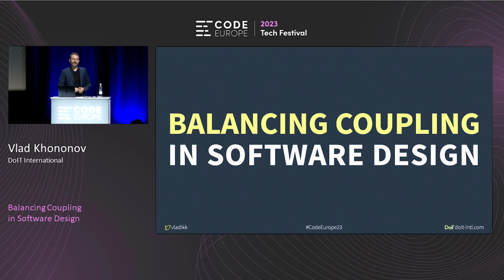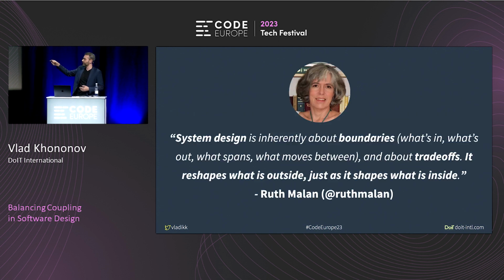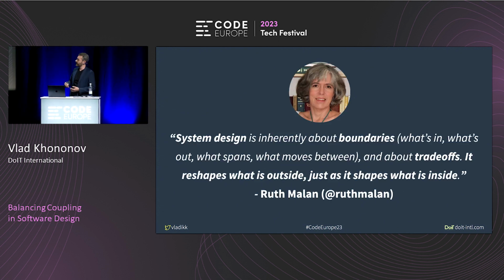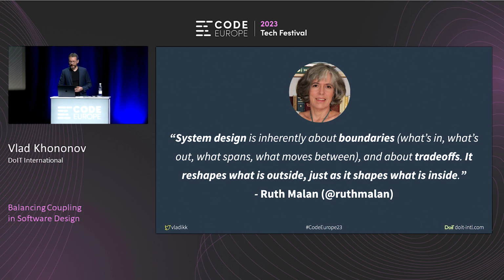So here's the thing. Lately, there is one quote that I've been including on all of my presentations. And this time, I was thinking, hey, why should we wait till the end or the middle? I'll put it right there on the first slide. So here it is. Ruth Malan, she says, system design is inherently about boundaries. What's in, what's out, what spans, what moves between, and it's about trade-offs.